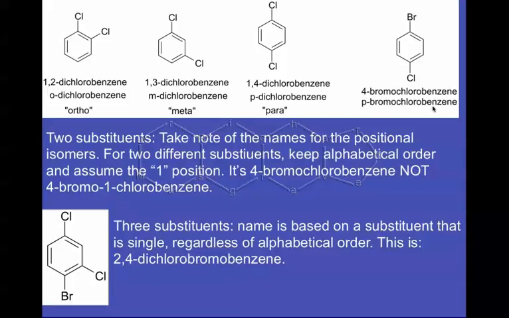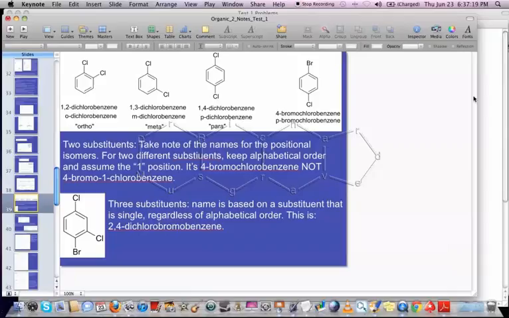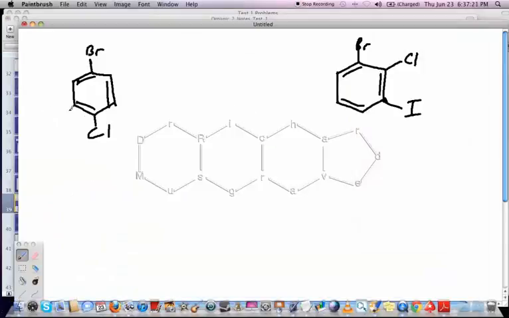I'd like to bring up something with the alphabetization. This is an often neglected point. Now we've already named this as p-bromochlorobenzene. A legal name, nothing wrong with that.